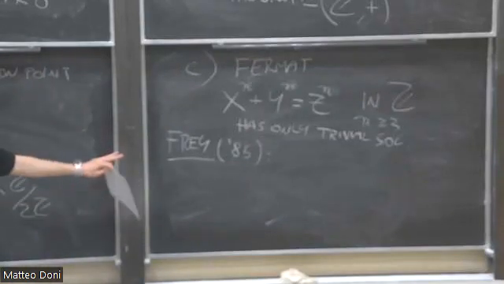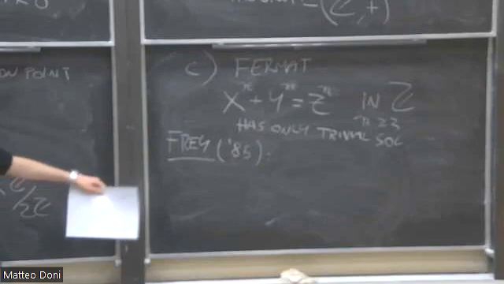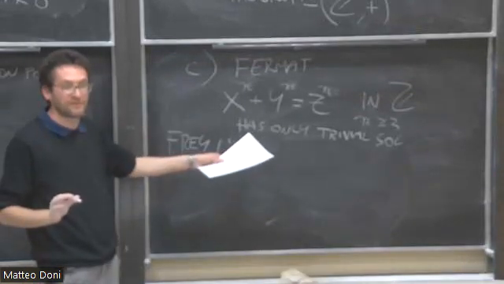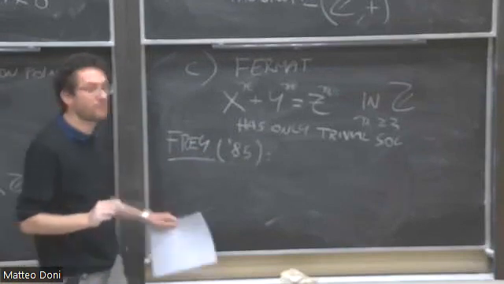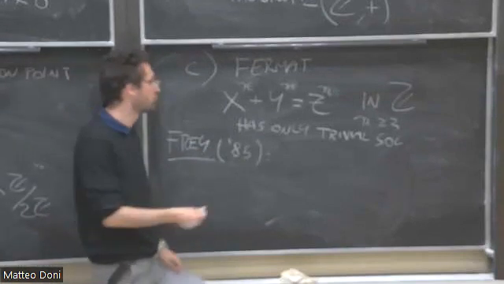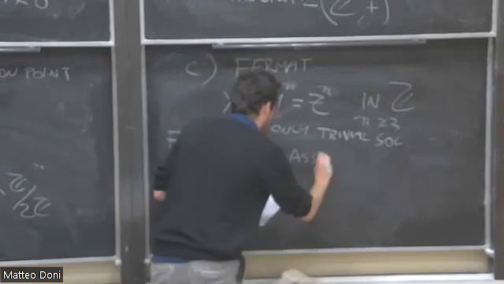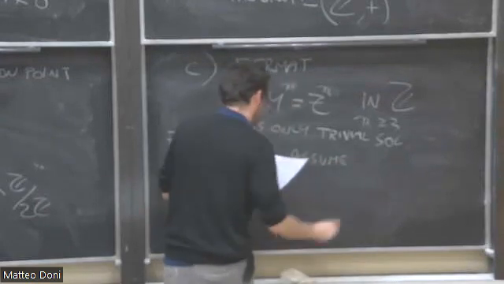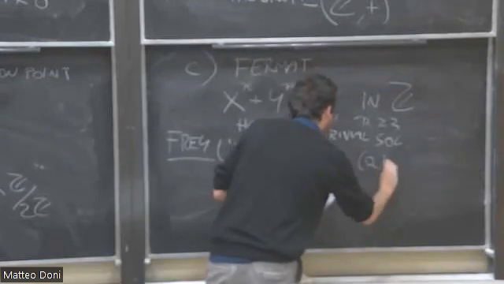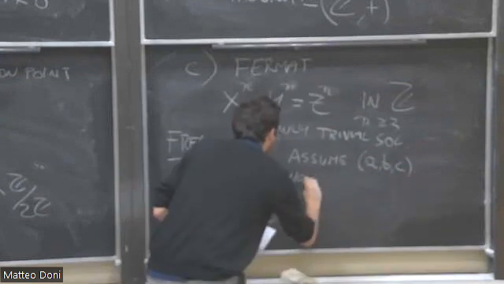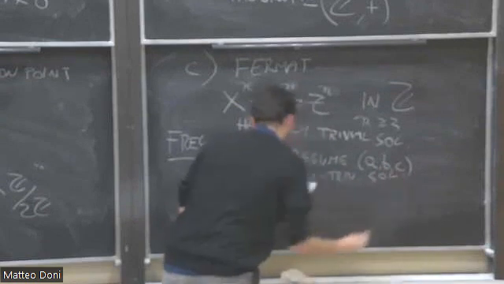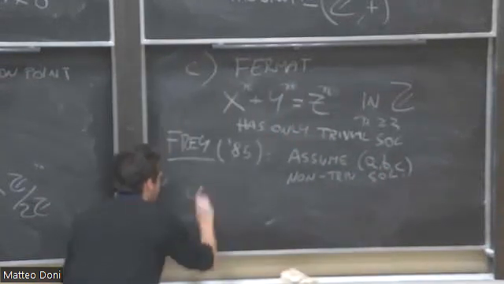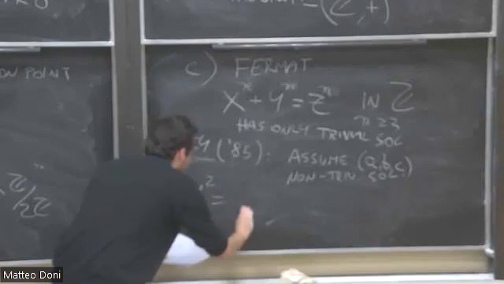The connection with elliptic curves is actually really recent. He noticed that, assume that you have a solution. So assume that A, B, C is a non-trivial solution. Consider then this elliptic curve.